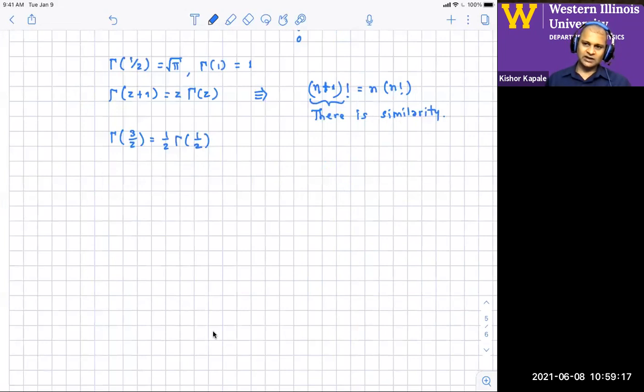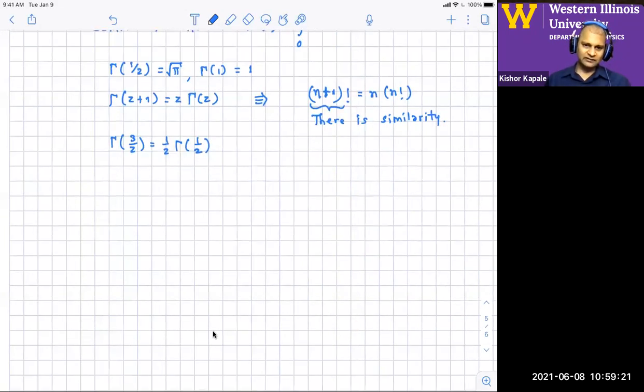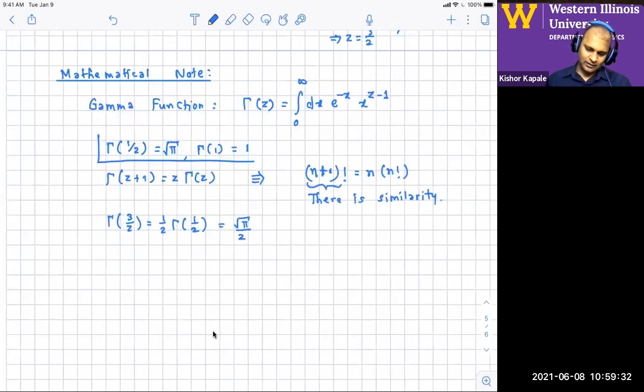Because 3/2 is half plus 1. And so it's going to be z times gamma of z. It is going to be square root of pi over 2, because gamma of half is given. These are given. You can prove them, but for now, we're just going to assume them. And so that's the value.